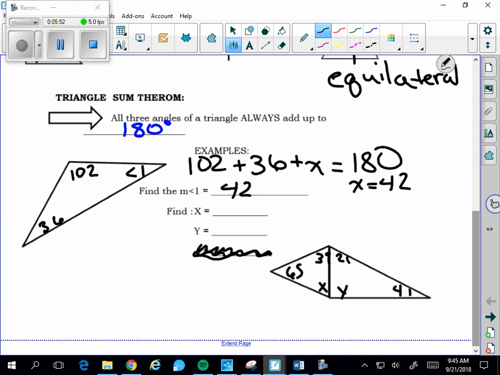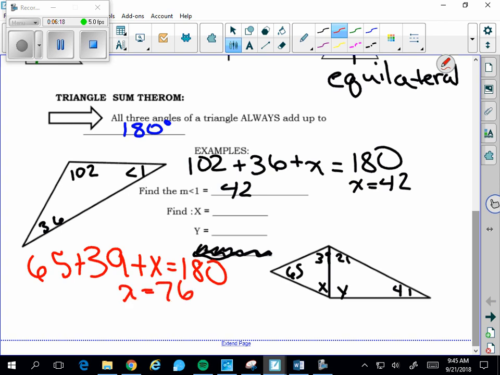It's not really much different than the first example. To find x, I know that the left triangle with the x in it should equal 180 degrees, so I'm going to say 65 plus 39 plus x equals 180. And then I'm going to solve for x. And when I do that, x is equal to 76.